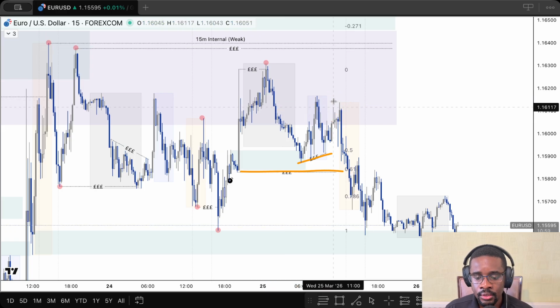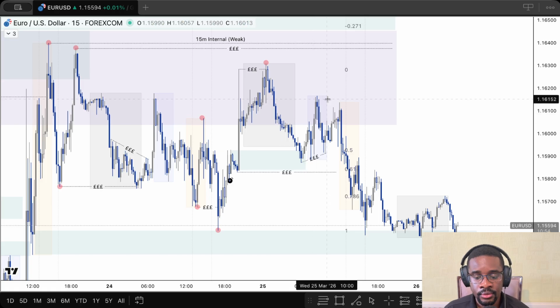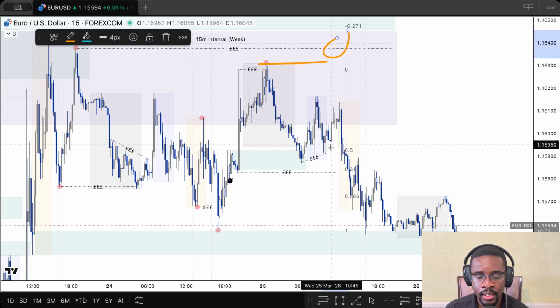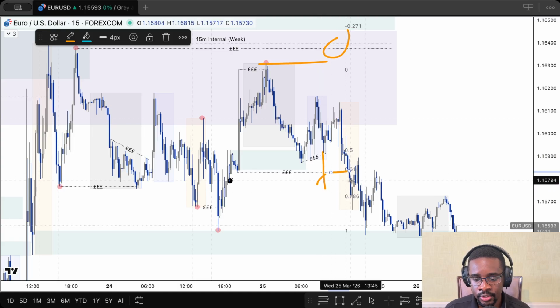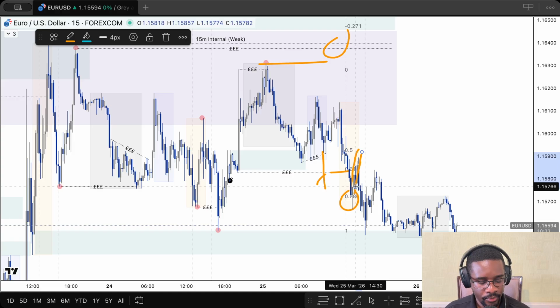Obviously I didn't catch it because my focus was mainly on taking out these highs or these lows, and then looking for a reaction. Even after it did that, it had a reaction, but it didn't give enough confirmation and movement to go bullish.